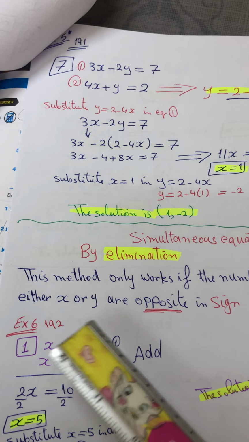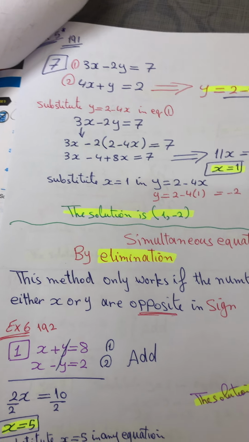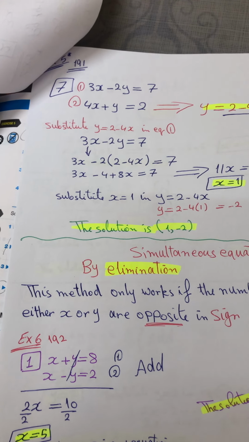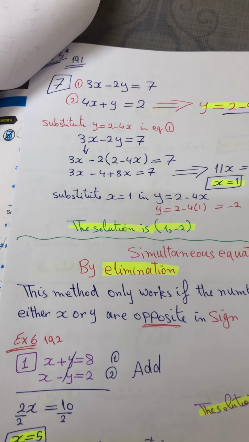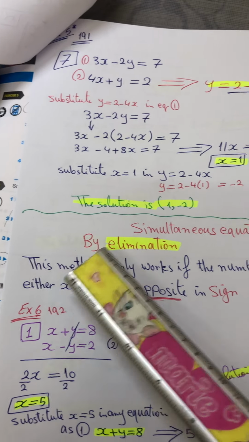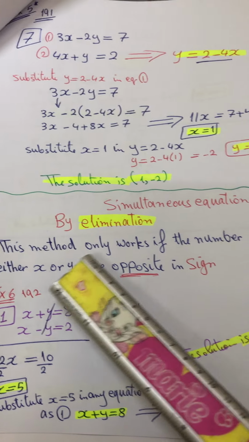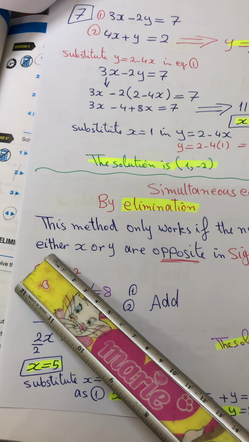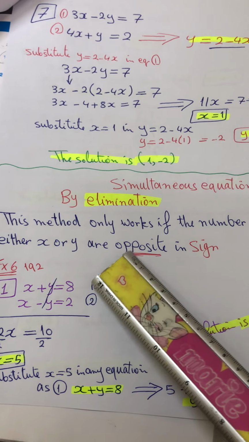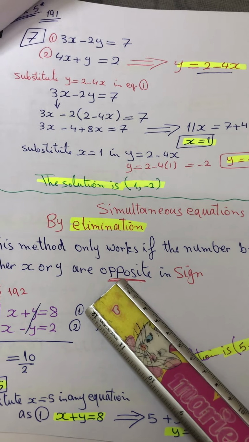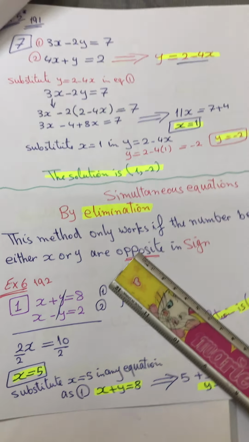So when I add them together, they will give me 0 and cancel this variable, to get the value of the other variable and then substitute. How? Let's see. This method only works if the numbers before either x or y are opposite in sign. So attention.